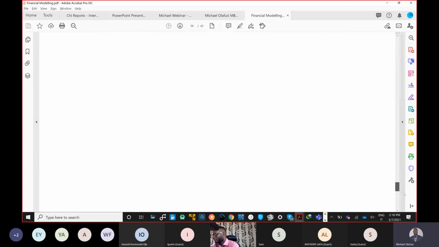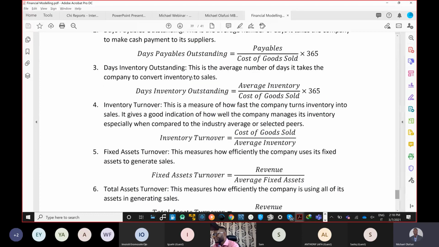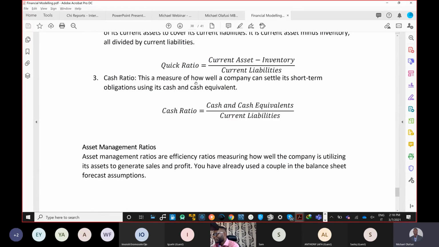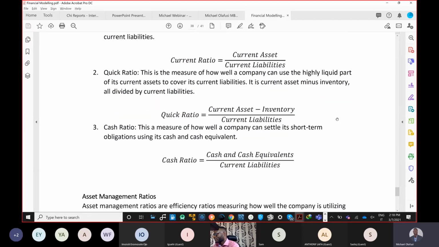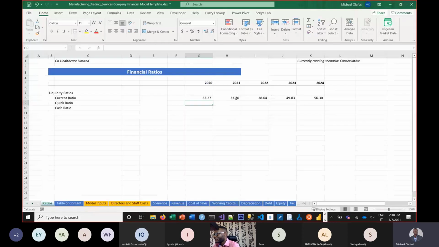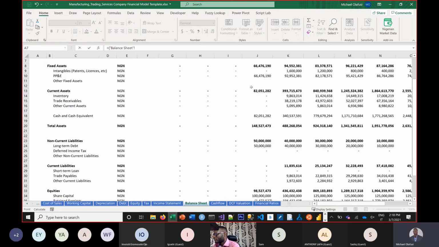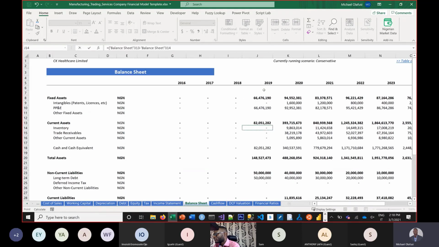Anyway, back to here. I just remembered that I've not mentioned where I'm getting these values from. So I'm going to come here and put in brackets the current assets minus inventory. I'm taking out the inventory.